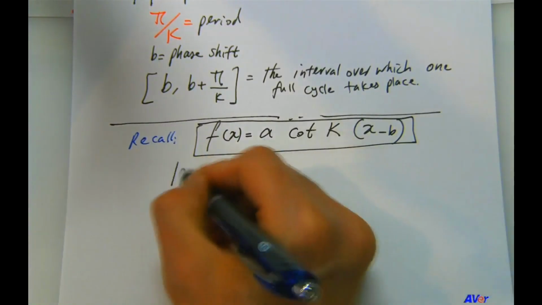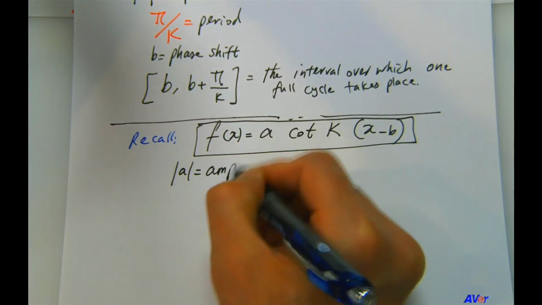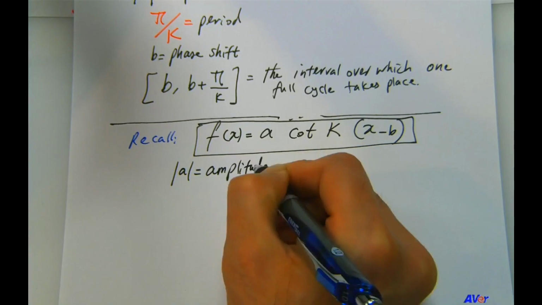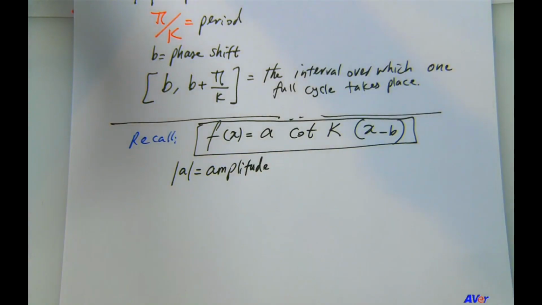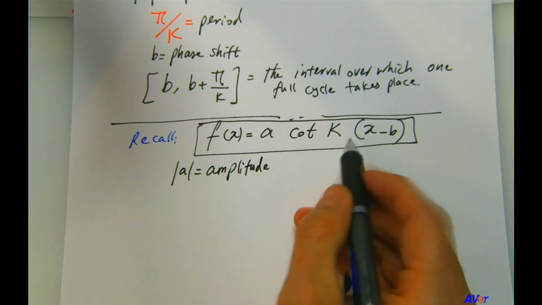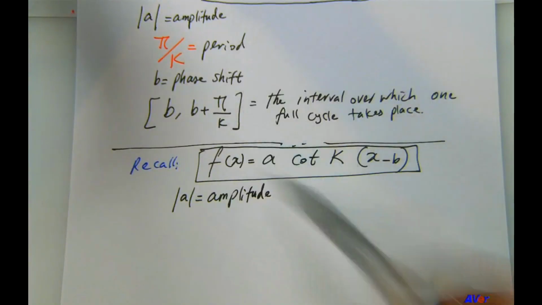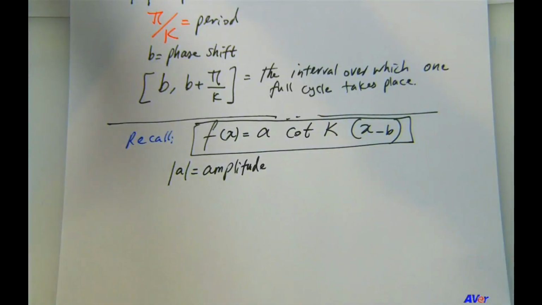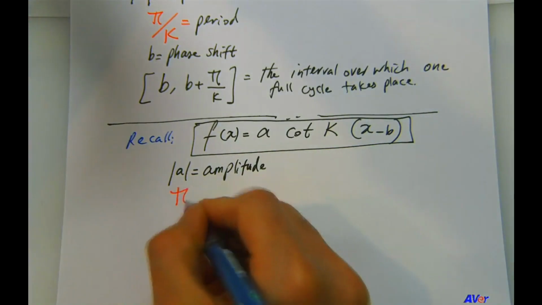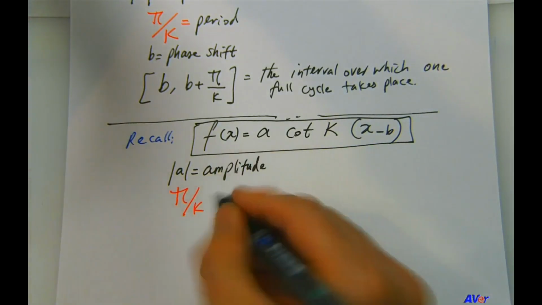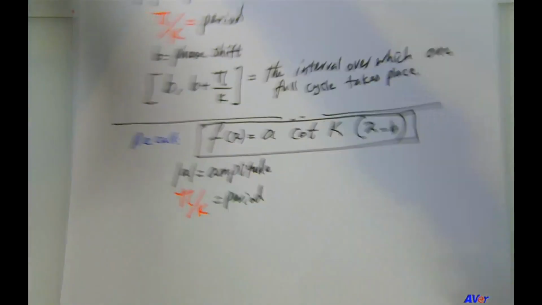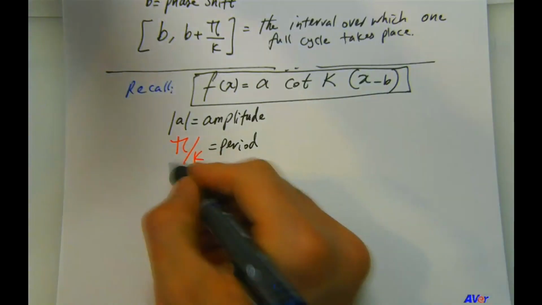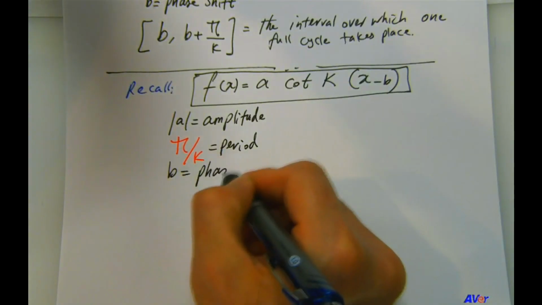The absolute value of a is the amplitude, or the vertical stretch of this function. Period, once again, just like the tangent function, the period is going to be pi over k. And b is going to be the phase shift.